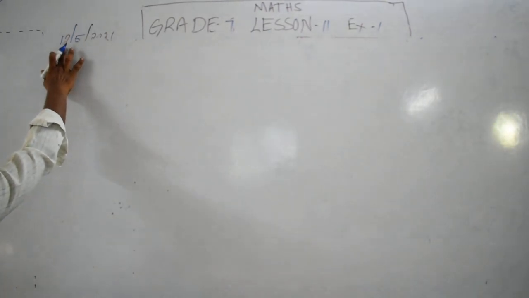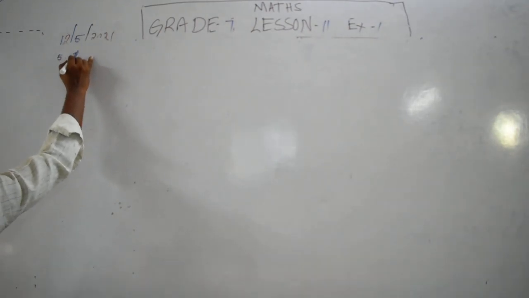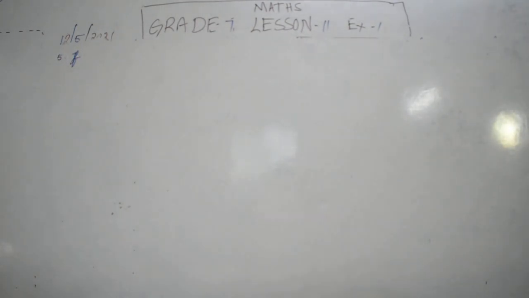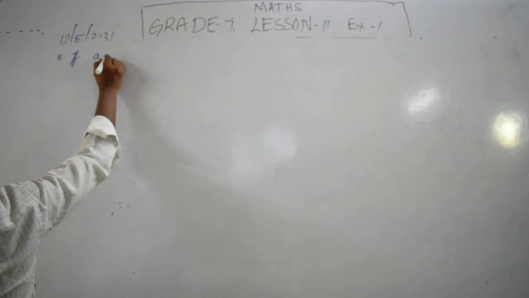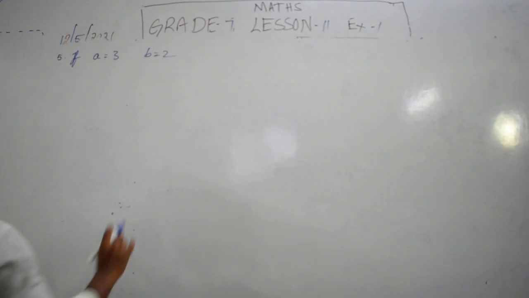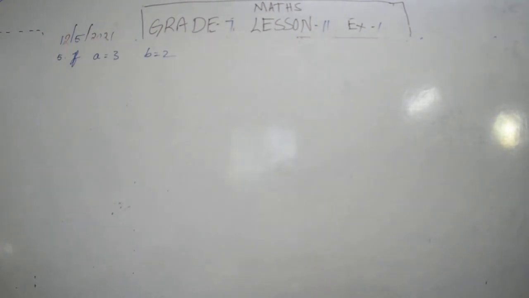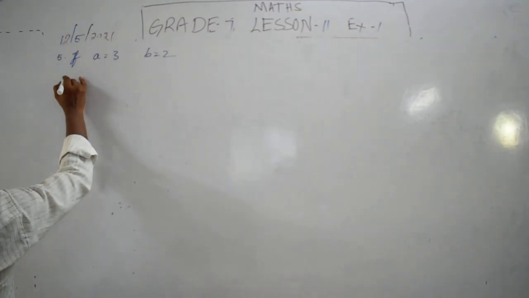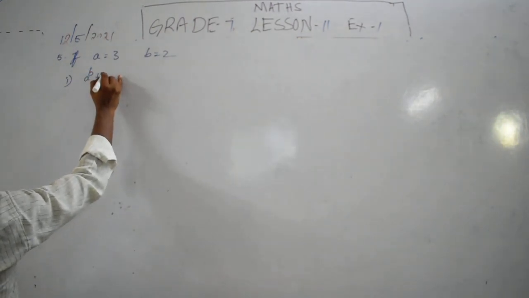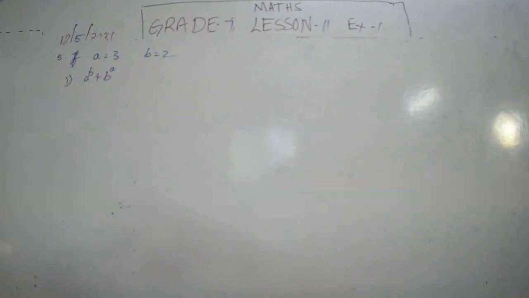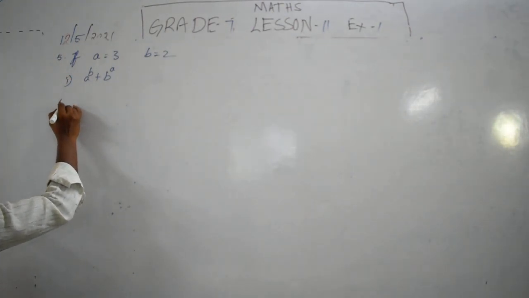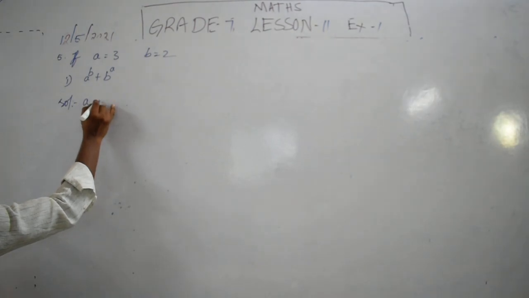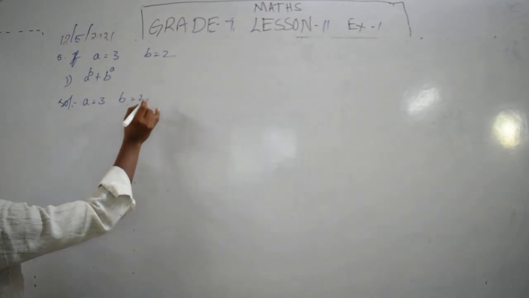Fifth one: if the values of A and B are given, the first problem is A power B plus B power A. We know the A value and the B value, so substitute them in the places of A and B. A equals 3, B equals 2.